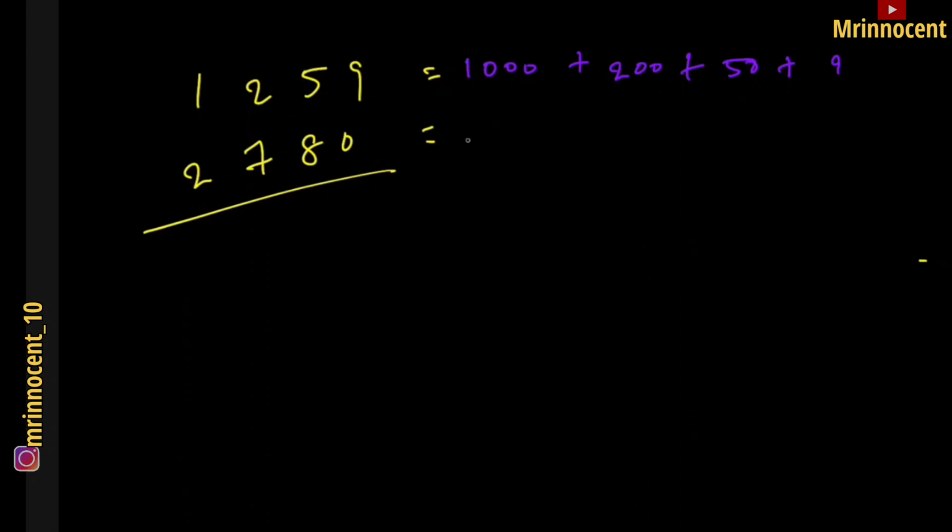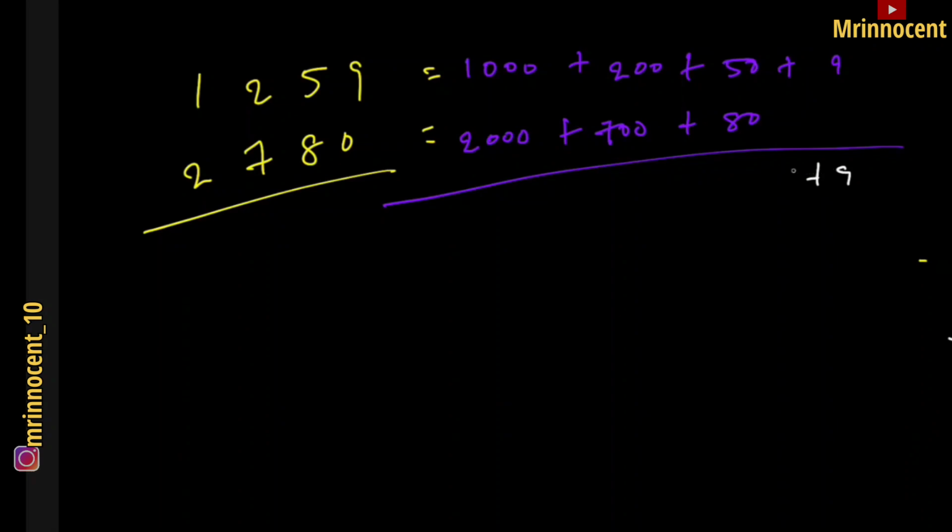This one is 2,000, 700, and 80. So you now add it. 9 plus 0 is 9. 80 plus 50 is 130.